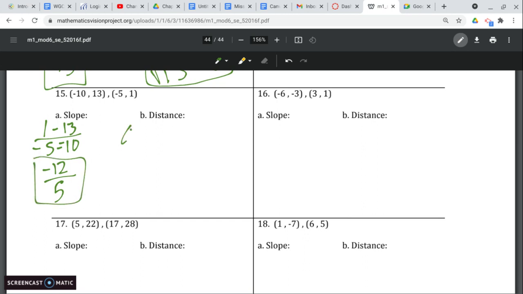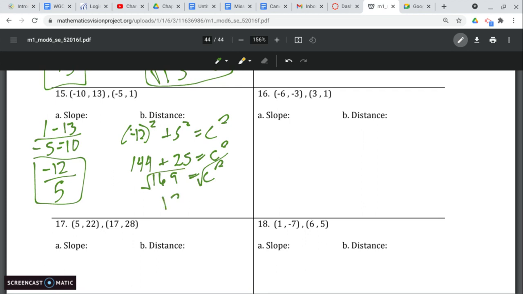Then distance, we'll take -12 squared plus 5 squared equals c squared. -12 squared is 144 plus 25 equals c squared. So we have 169 equals c squared. Take the square root. Now 169 is a perfect square. It gives us 13. So our distance is 13. So that's what you guys are doing for these.